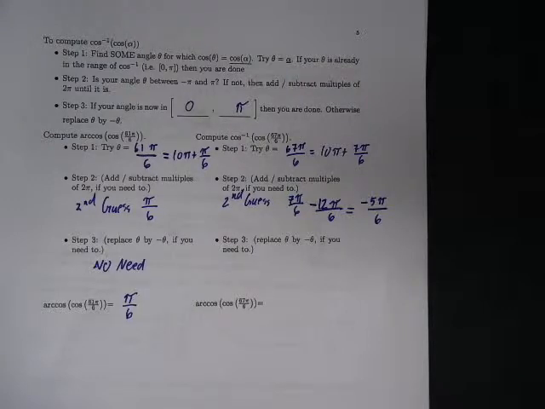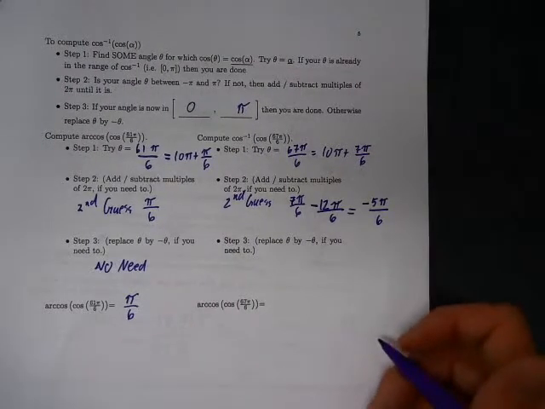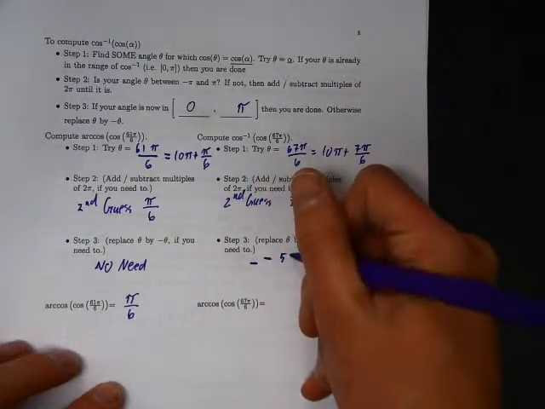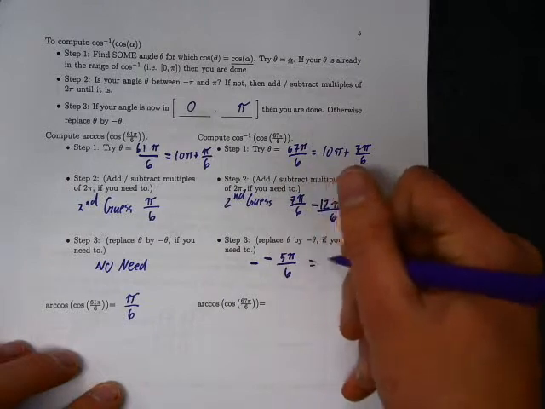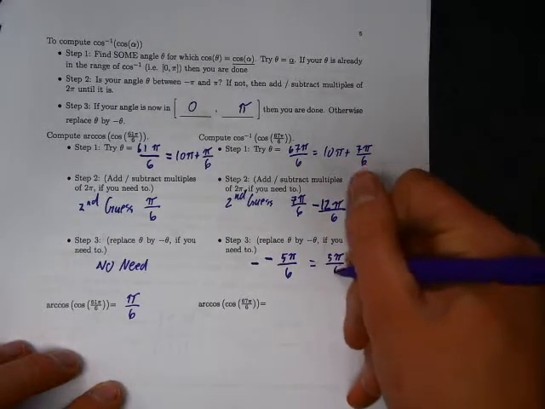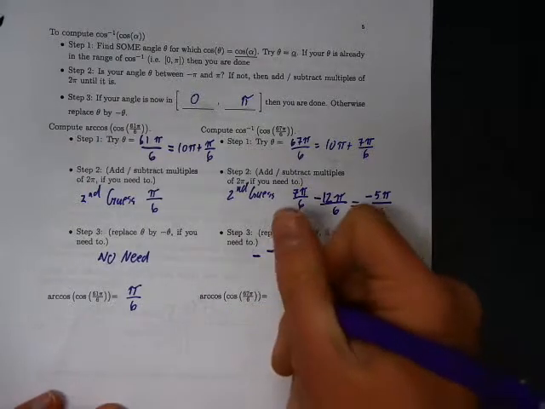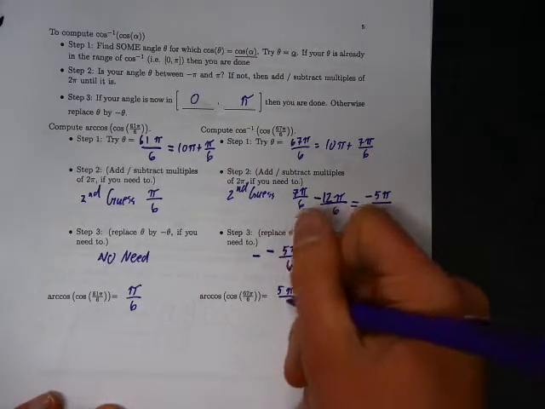Let's take another negative sign in front, because that'll cancel the negative sign we already have. So the final answer will be negative 5 pi over 6, also known as just 5 pi over 6. So the inverse cosine of cosine of 67 pi over 6 I see now as 5 pi over 6.